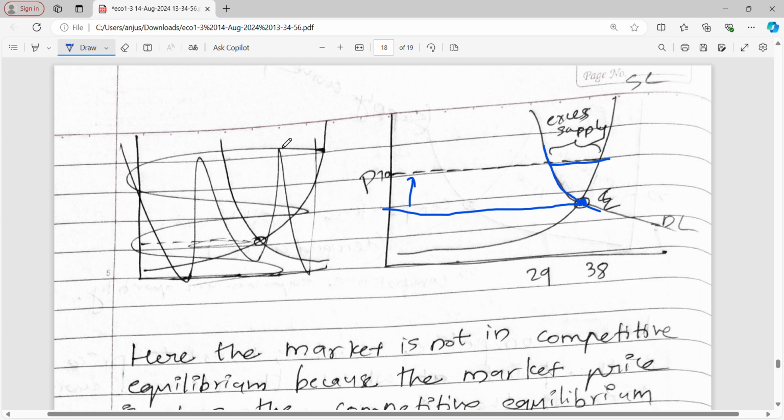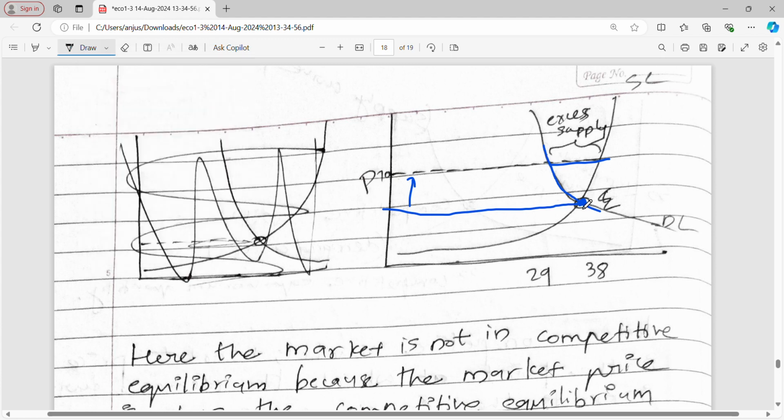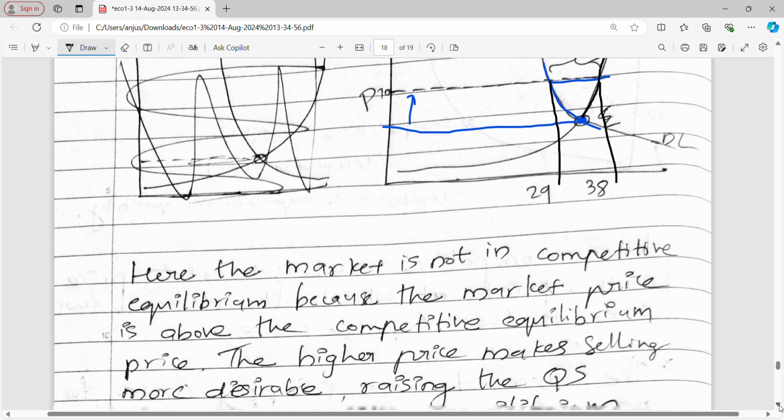The blue one is the demand curve, and the black one is the supply curve. So the difference between these two gives excess supply. Supply is more, right? The demand is only for 29 billion barrels per year, but 38 billion barrels per year is supplied.